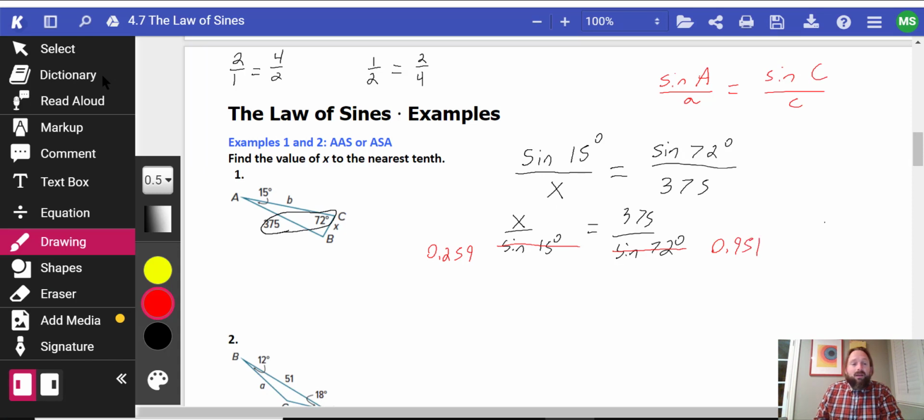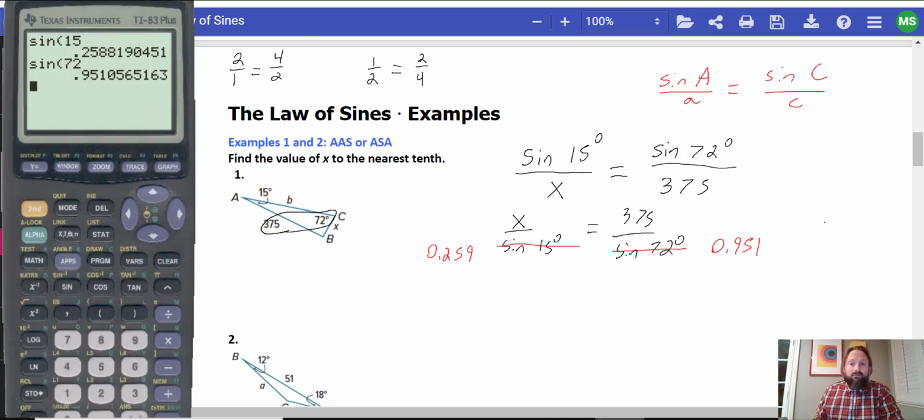Now all we need to do is just use the calculator and figure it out. 375 divided by 0.951. So 375 divided by 0.95105656163.